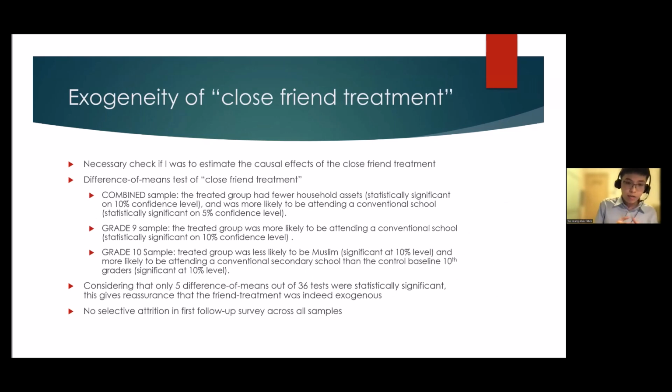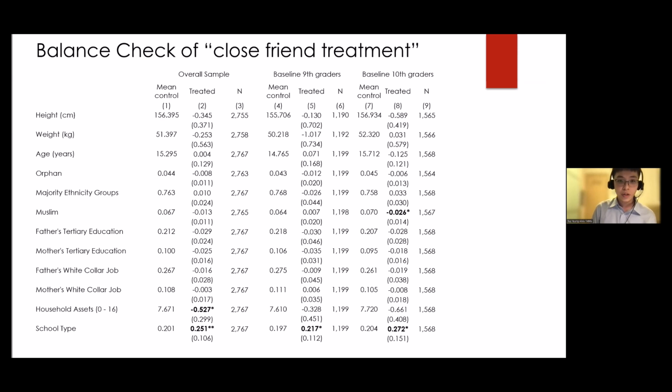Of course, when one is trying to make a claim that this close friend treatment is indeed exogenous, one needs to check whether or not that is the case. To do that, I conducted a difference of means test and also a selective attrition test. Here's the balance check of the close friend treatment. As you can see, there are some differences between the pooled sample, the baseline 9th graders and baseline 10th graders.